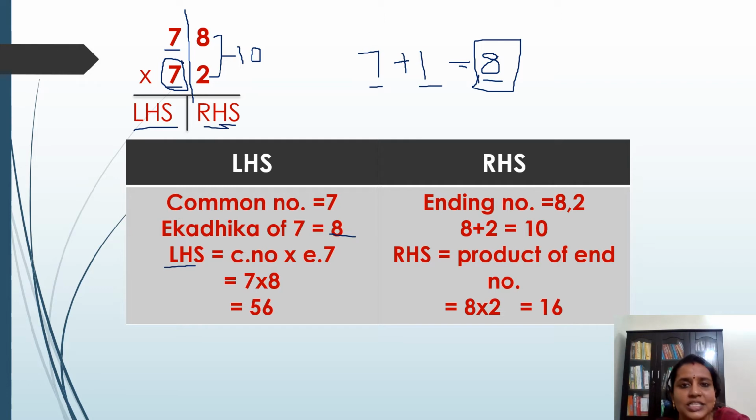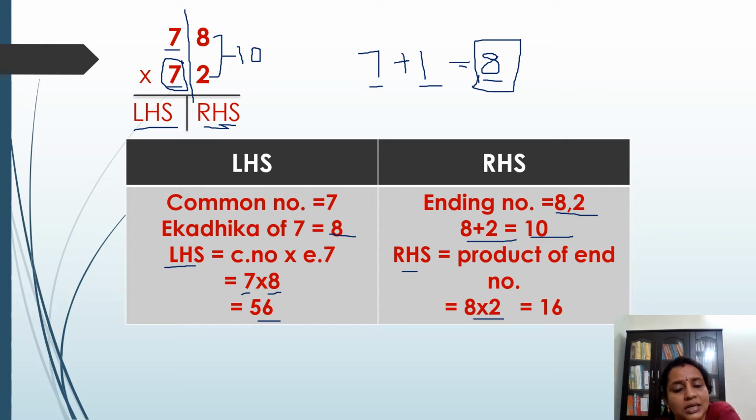To get the LHS, I'm going to multiply the common number with the Ekadika of the common number, which is 7 into 8. So I'm getting 56. So my LHS is 56. And come to the RHS. The ending numbers are 8 and 2 and the sum of those numbers is 10. And I have to get the product of these two numbers as the RHS.